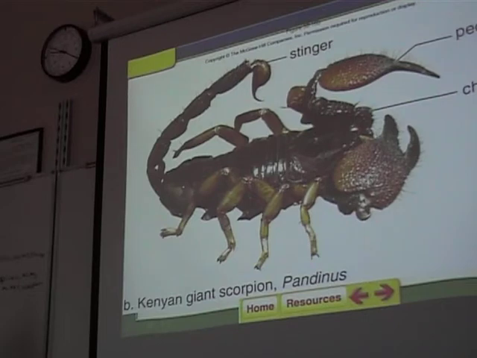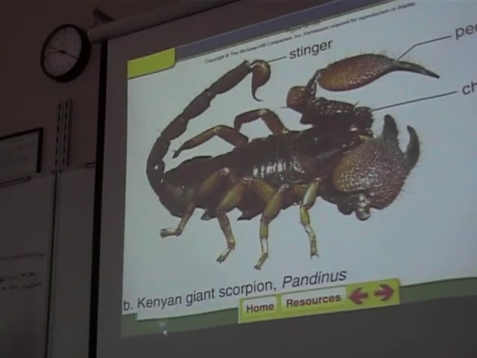And then these are the pedipalps, modified into pinchers in a scorpion. The pedipalps are one pair of appendages, the chelicerae are another pair, and then the 8 legs, 4 on each side. And then there's this modified tail that has a stinger on it. So that's quite an organism there.